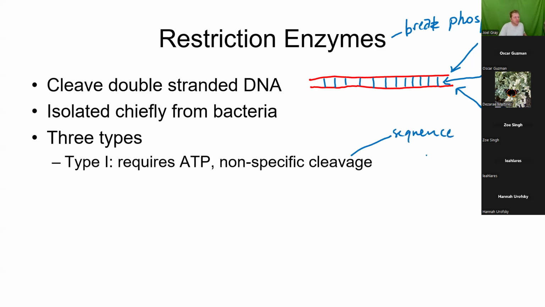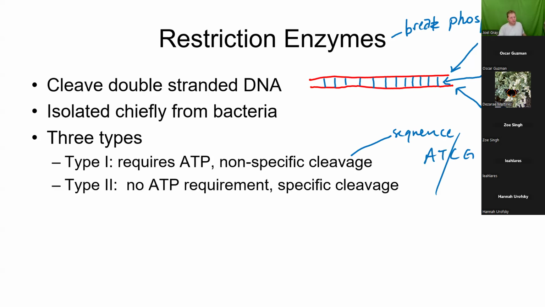They don't care if they see A, T, C, G, or if they see A, T, T, A. These type 1 restriction enzymes are going to say, oh, there's a double-stranded piece of DNA. I'm going to cut that. And then I'm going to cut here. And then I'm going to cut here. I don't care about the sequence.